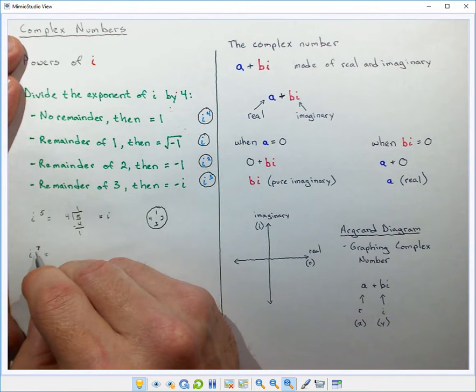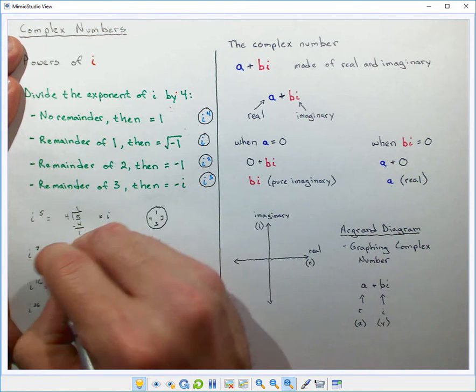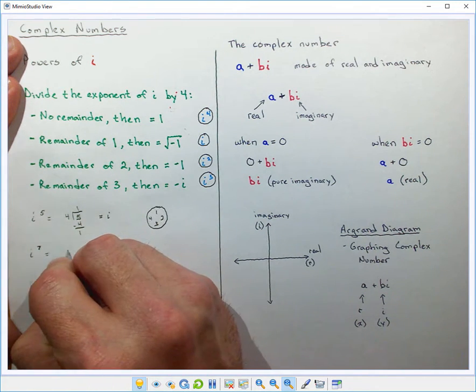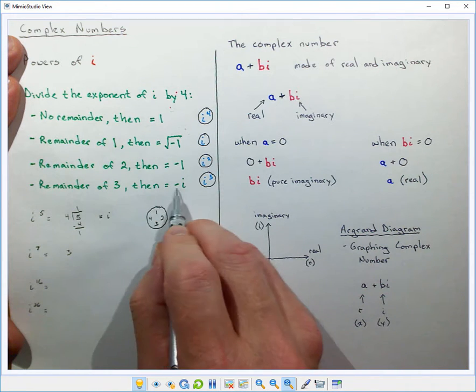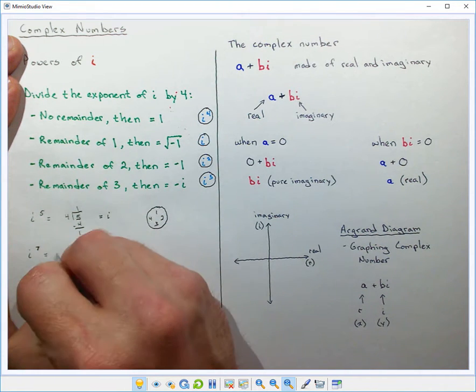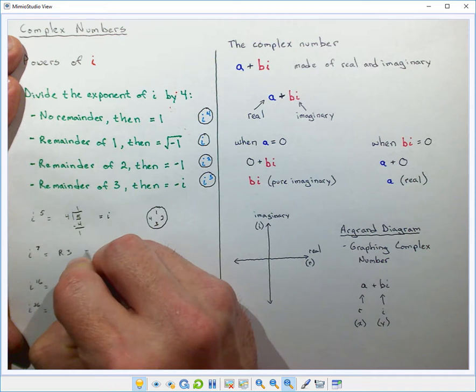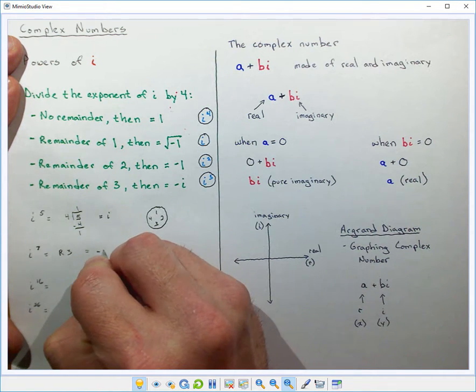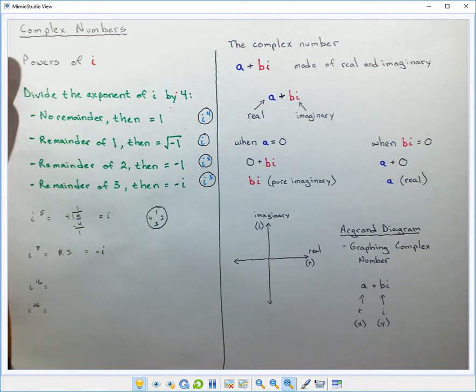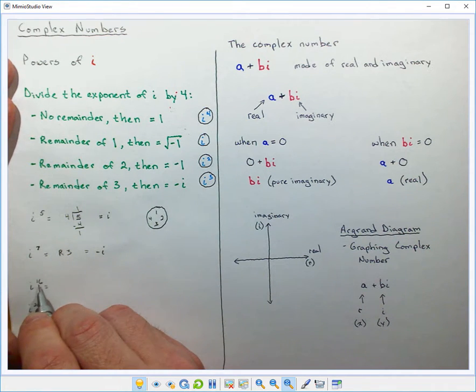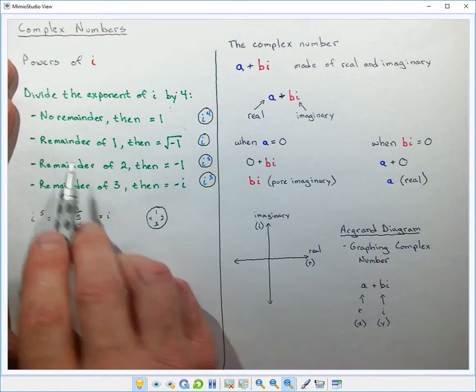Alright, so for i to the 7th, I know that I'm going to have a remainder of 3. So a remainder of 3, then my answer is going to be equivalent to a negative i. I to the 16th, well, 4 will go into 16 4 times. There is no remainder.